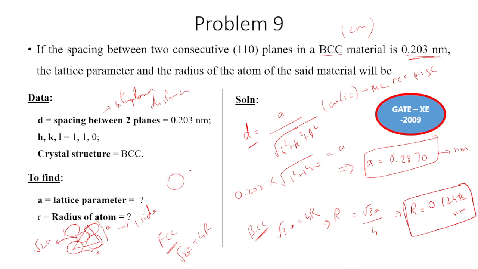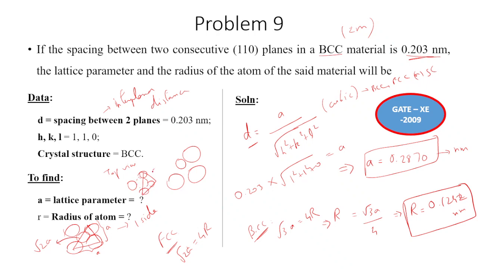For BCC, there will be atoms at the corners and then one in the center. In that case, going to the top view, we have to find the diagonal. I'll draw this in dotted lines.